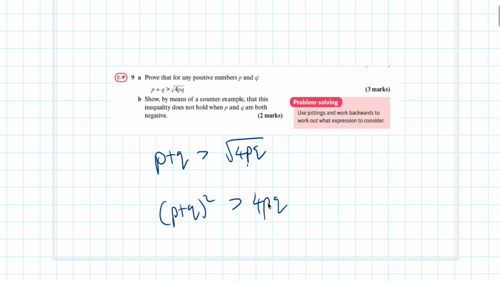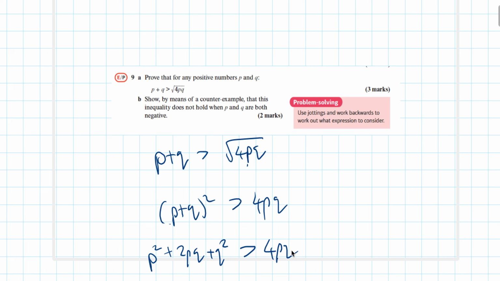And then from here, we can expand out our terms. So it's going to be p^2 + 2pq + q^2 is greater than or equal to 4pq.